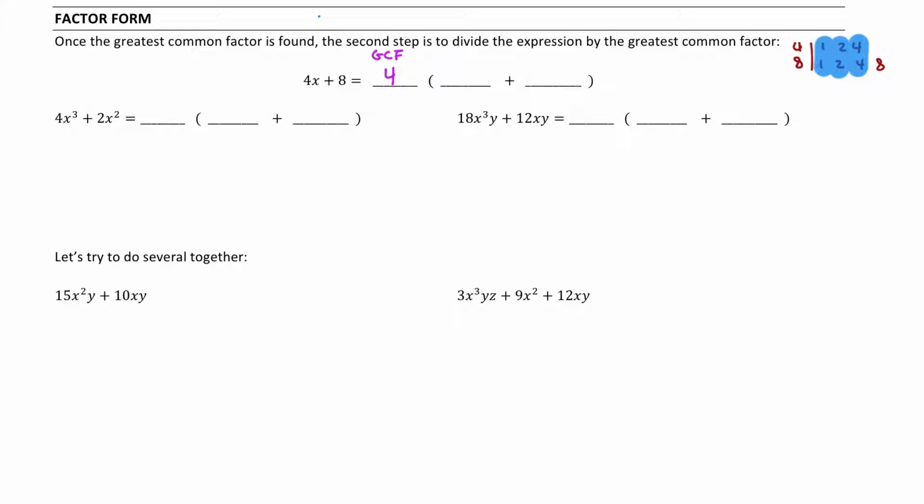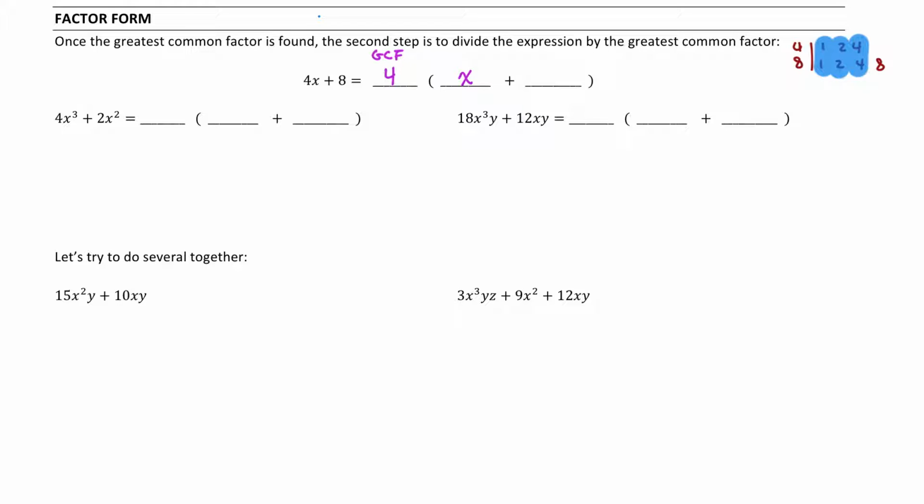and the next step would be to divide every term by my greatest common factor and put it inside the brackets. So I have 2 terms here, so I will have 2 spots inside my brackets because it's a binomial. So 4x divided by 4, the 4's will cancel out, and I'm left with x.